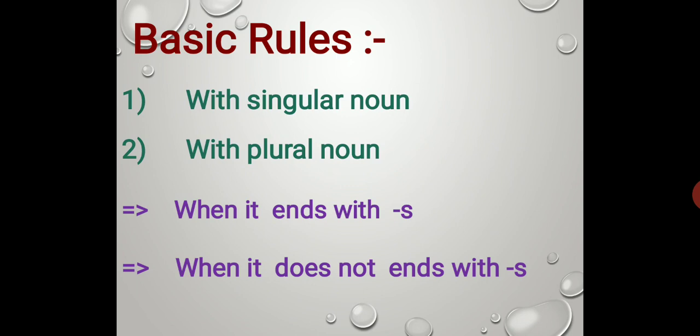And this kind of plural nouns are called irregular nouns. This topic we learnt in our lesson number 5, irregular nouns.